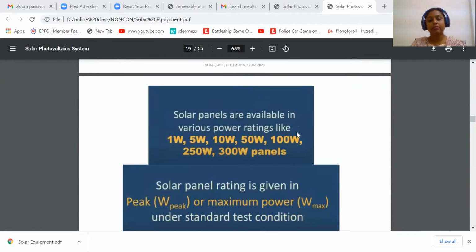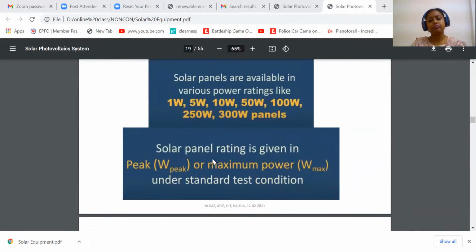Solar panels are generally available in various power ratings, like 1 watt, 5 watt, 10 watt, 50 watt, 100 watt, 250 watt, 300 watt panels. In the market, the solar panel rating is given in peak watt, or maximum power under the standard test condition.